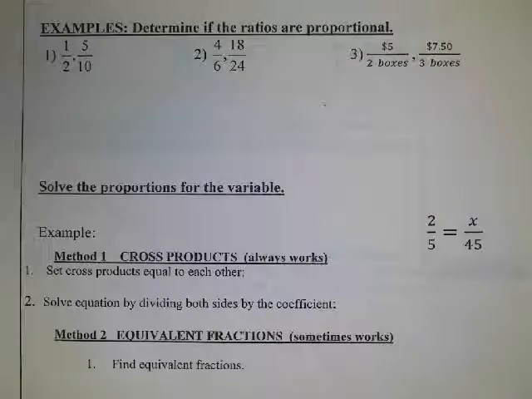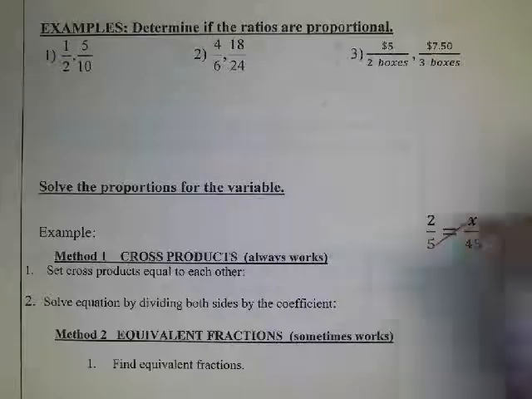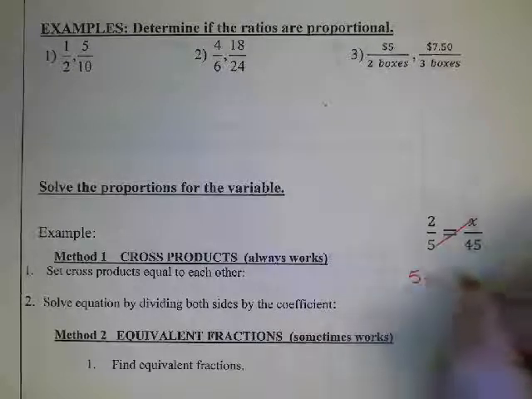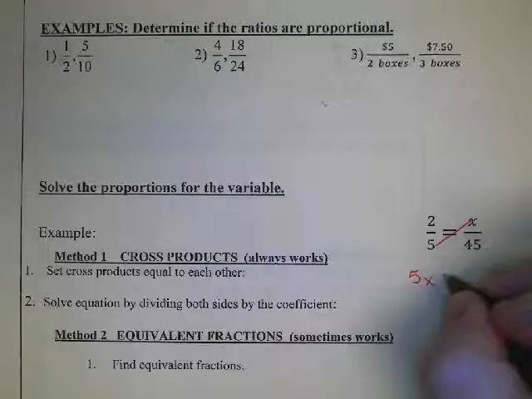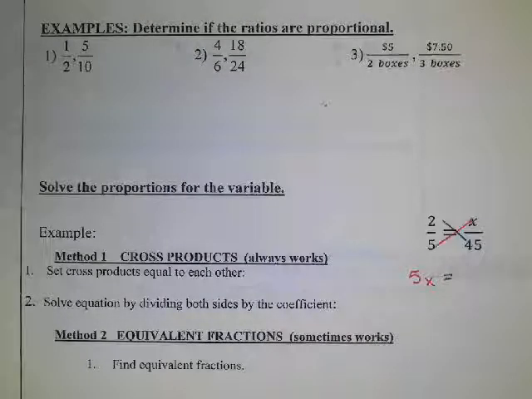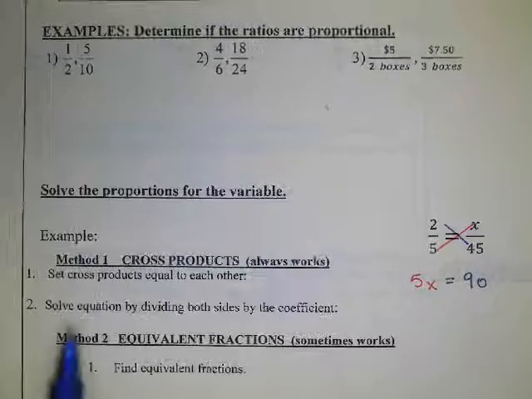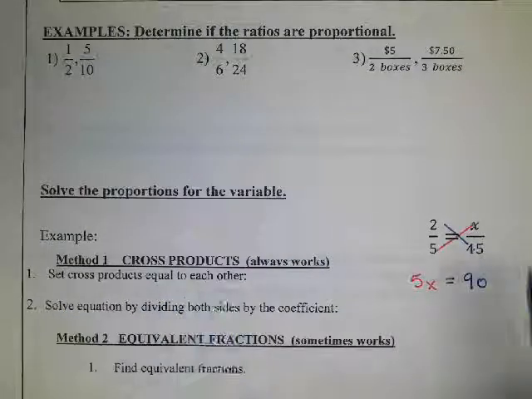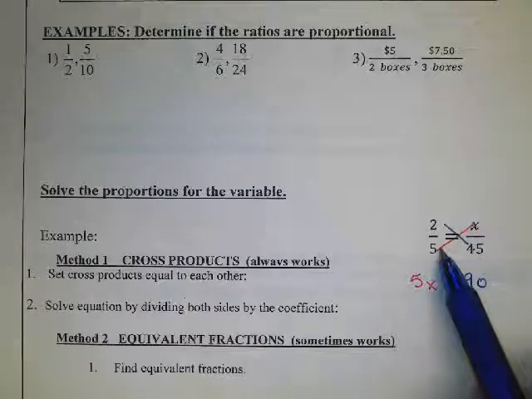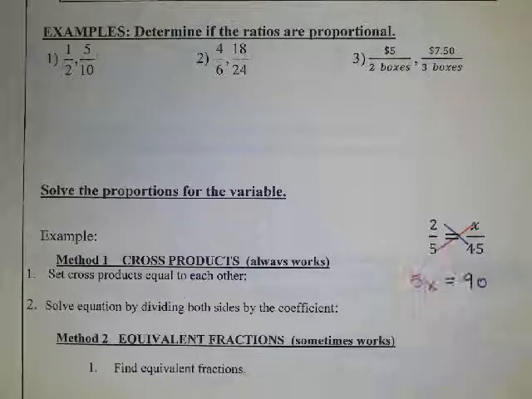I'll go 5 times x, so I'll have 5x is equal to 2 times 45, and that will be 90. So set cross products equal to each other: we multiply diagonally, 5 times x is 5x, and we set that equal to 2 times 45.